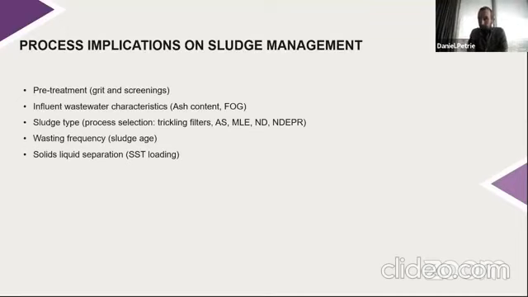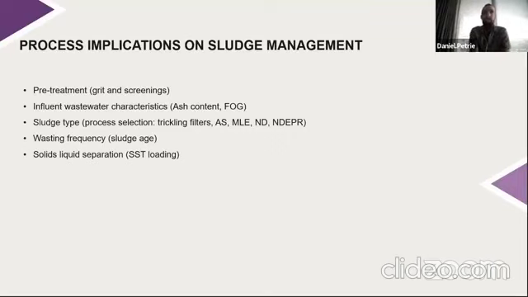Then it's also operational selections of how long you keep the bacteria in the bioreactor before you remove some. So that's really how old the biomass is that you've cultivated in your biological treatment step. The age of that sludge also impacts on how easily it's dewatered.